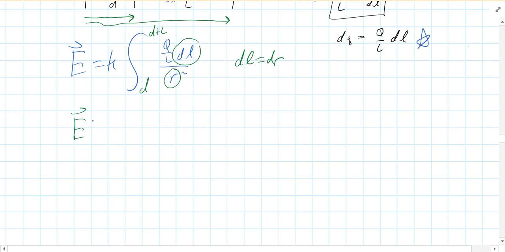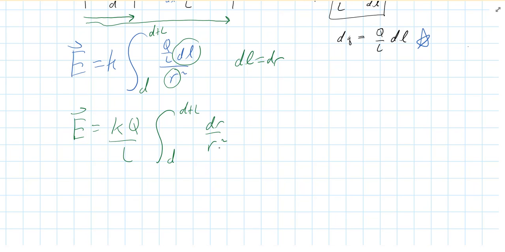So we're going to integrate k. Now the other thing too, I'm going to go ahead and take the Q and L out of here because they're constants and I don't need to integrate them. We're integrating from d to d plus L, dr over r squared. And that's the same thing as integrating r to the -2. And if you use your power rule for integration, you add 1 to the exponent, so you get r to the -1, and you divide by that new exponent, which is -1.